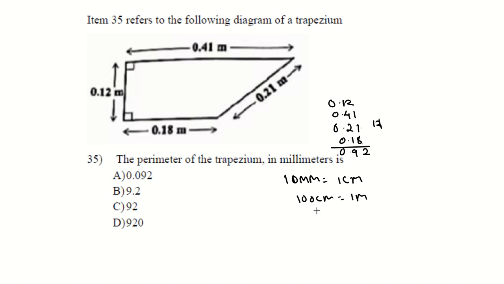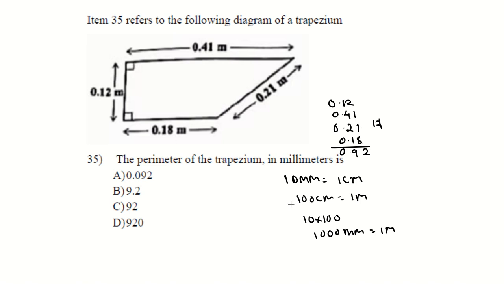So if 1 centimeter is 10 millimeters, then 100 centimeters would be 100 multiplied by 10, which is 1,000 millimeters, equal to 1 meter. Do you understand how I got this?